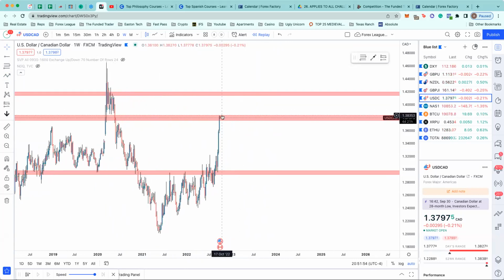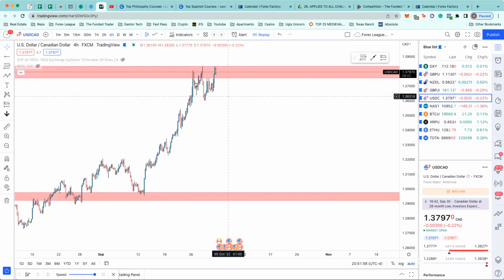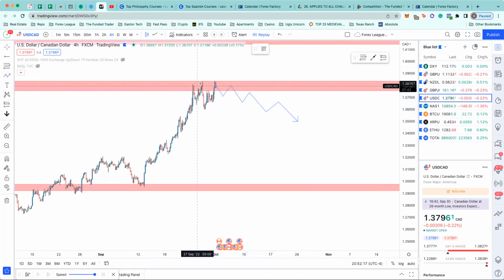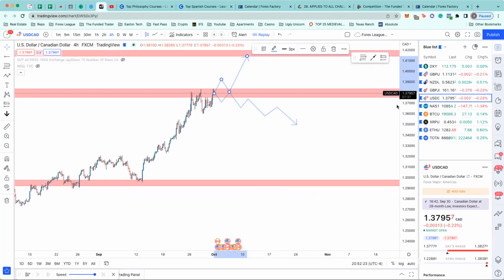So as price is in this zone right now, I'm personally looking for one of two things. Looking for reversal, so for price to start to consolidate, which one could argue it has already done. But for price to consolidate and then break and move to the downside, or price does continue to accelerate, cleanly breaks to the upside, and then moves into the next level.